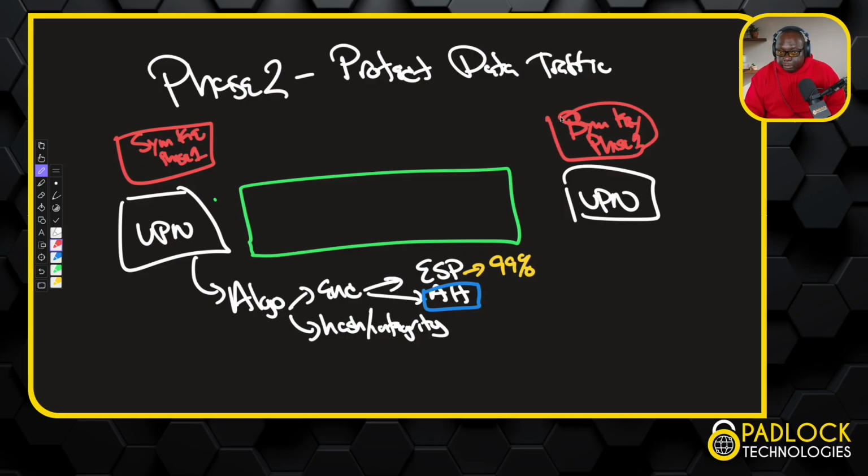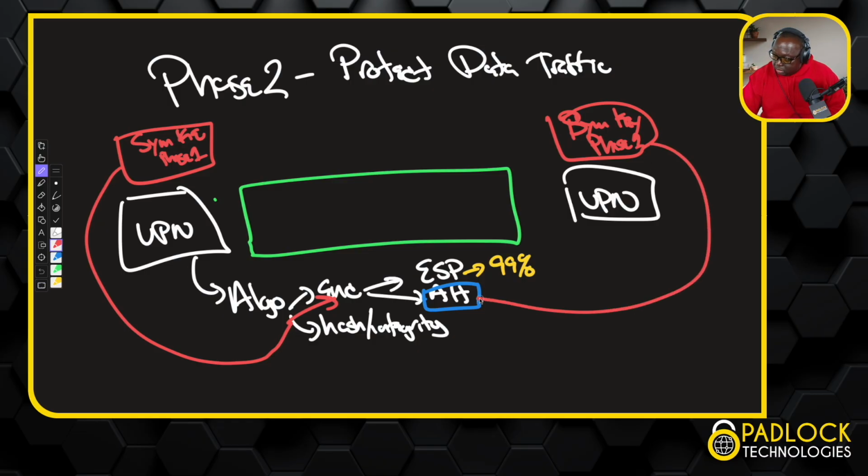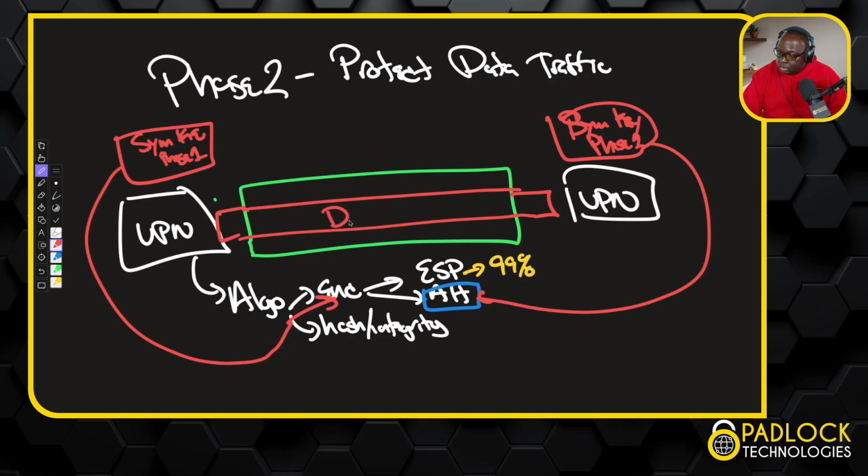Now you're going to take that symmetrical key that you got from phase one and you're going to use that with the encryption algorithm to protect the data. All right. So now you've got data going through here. Okay, so that's the point of phase two.